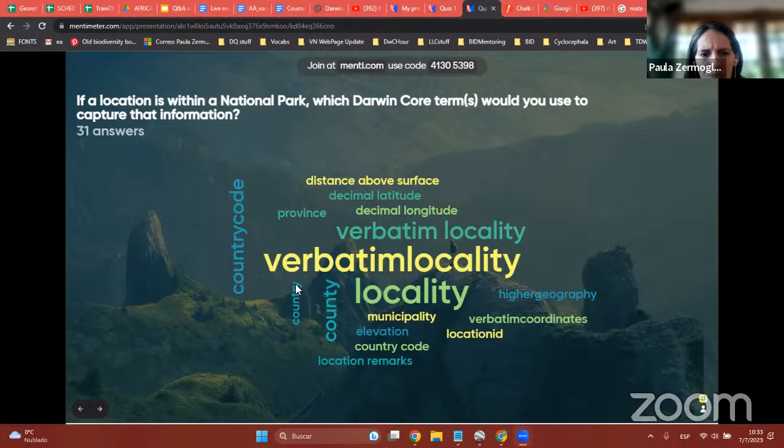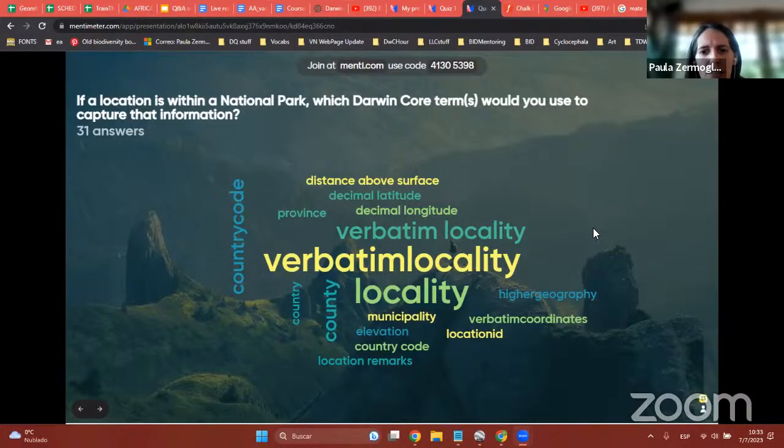I see administrative fields that are country, country code, province, county, municipality. Again, country code down here. There is some distance above the surface, location ID, location remarks, and higher geography.